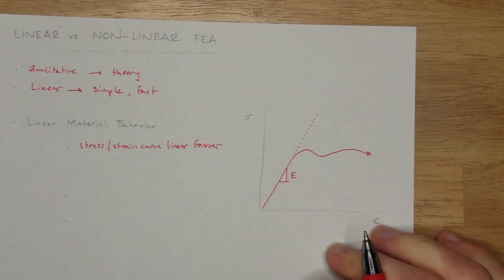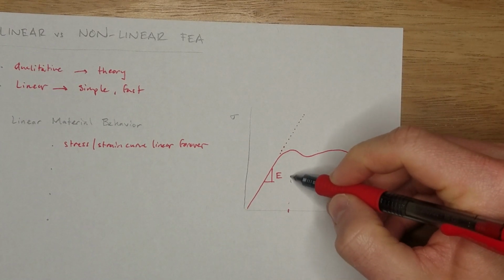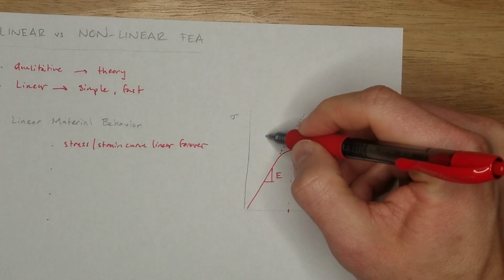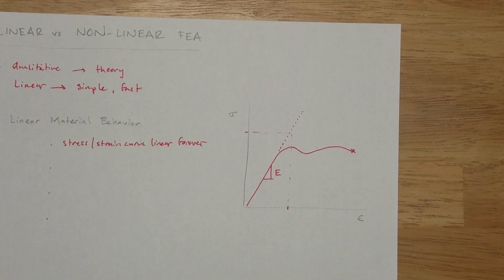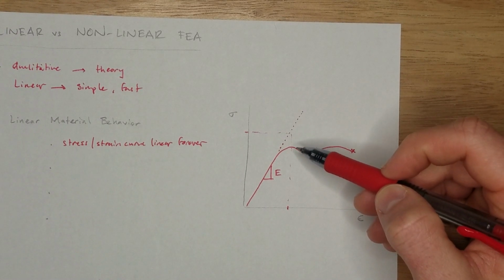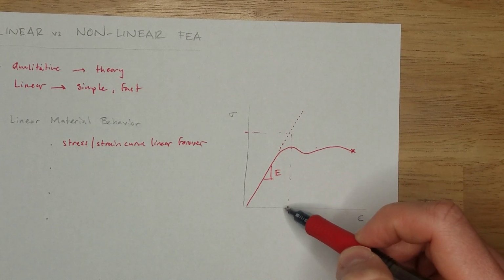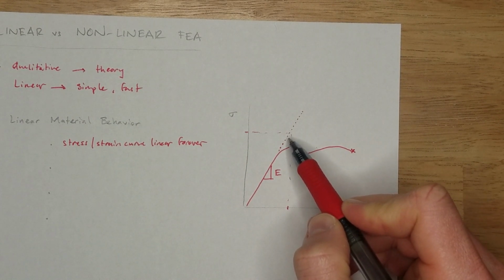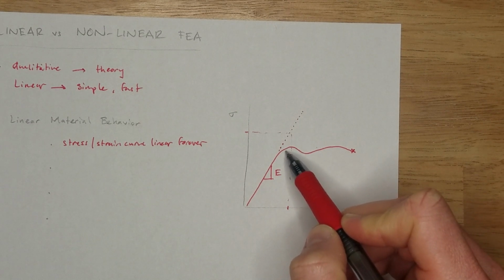Now, that means that any strain I get, I'm going to get a corresponding stress. What's the downside of this? Well, no plastic deformation is accounted for. If I get a strain or a stress that's over my yield stress, well, the software didn't account for plastic deformation and my stiffness would change.